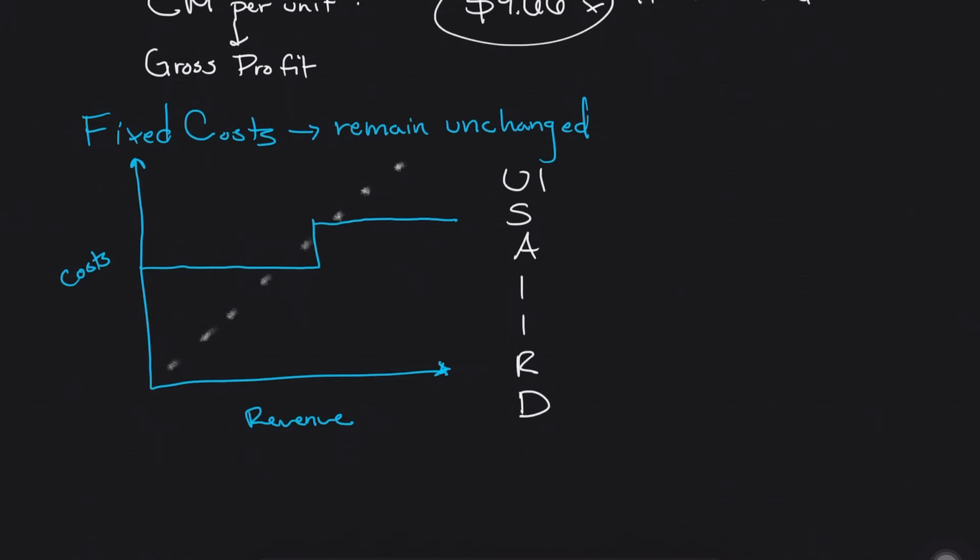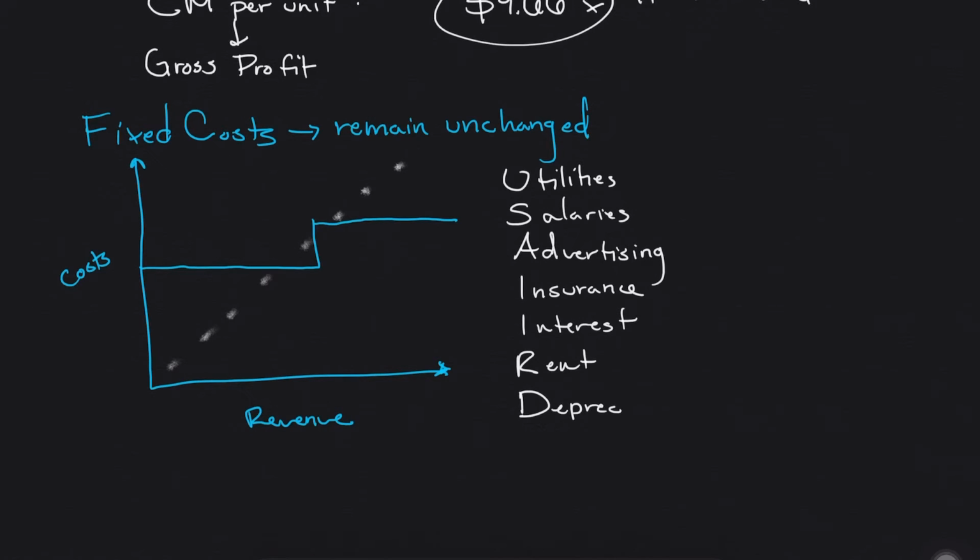And so we have utilities, we have salaries, we have advertising, which encompasses really all marketing type expenses. We have insurance, we have interest, and we have rent, and then we have depreciation. So I'm going to speak to each of these, but I at least want to make sure that you have them available so you can start figuring out what your fixed expenses are.